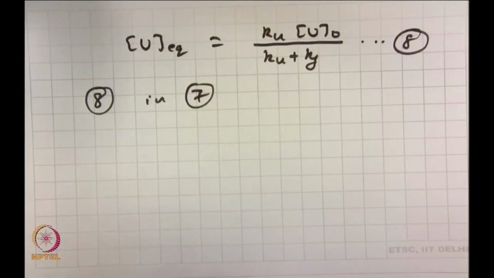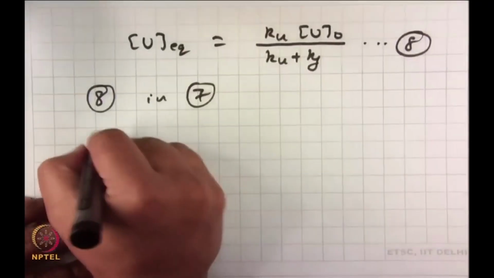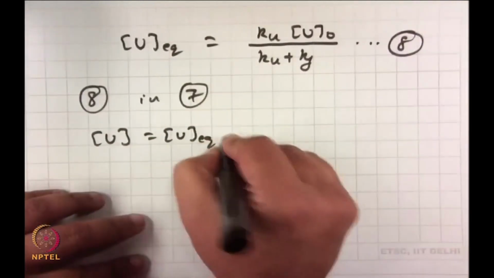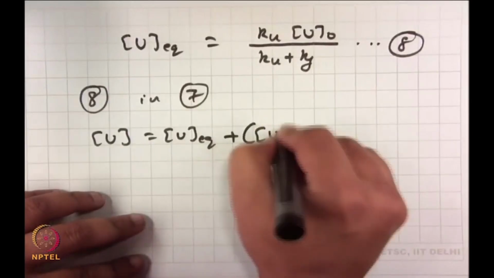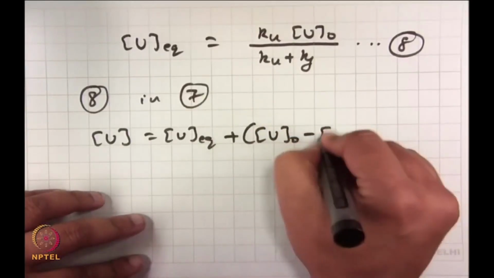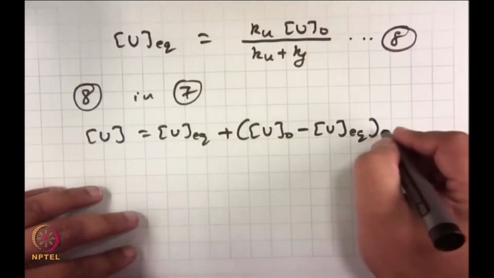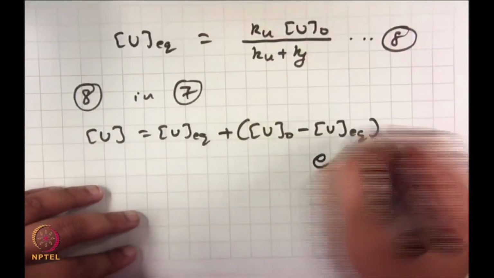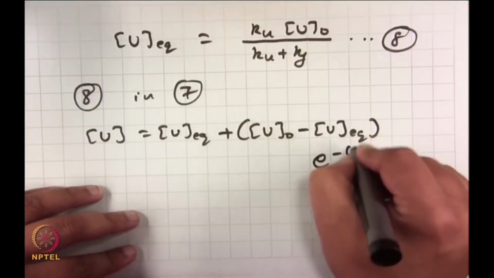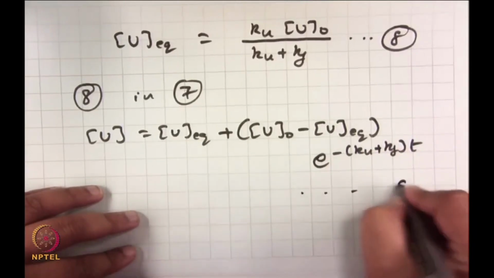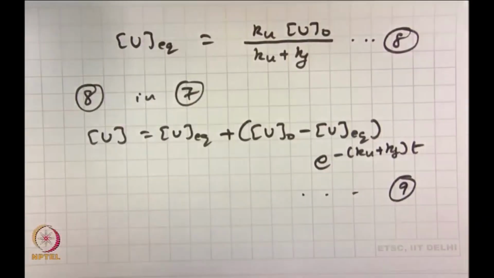So, the equation will look like this: concentration of U is equal to concentration of U equilibrium plus, in brackets, U naught minus U equilibrium, this bracket times e to the power minus (Ku plus Kf) T, and let this be number 9. So, this is the final equation you have, okay, and this is the equation you are looking at.